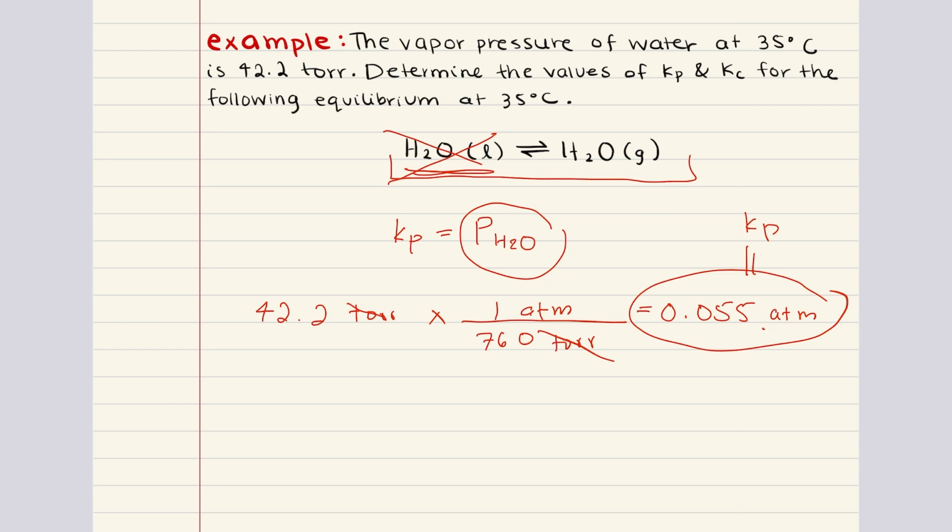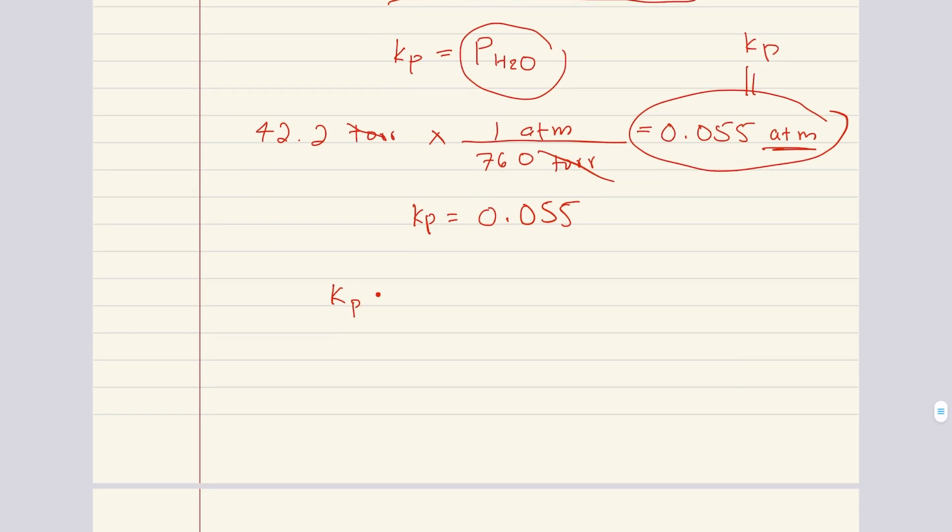So yes, we converted this to atmosphere because Kp values are determined from the partial pressures of gases expressed specifically in units of atmosphere, but our equilibrium constant itself is unitless. So specifically, Kp is going to be equal to 0.055. Wonderful. Now that we've determined Kp, we can calculate Kc from our relationship between those two equilibrium constants.